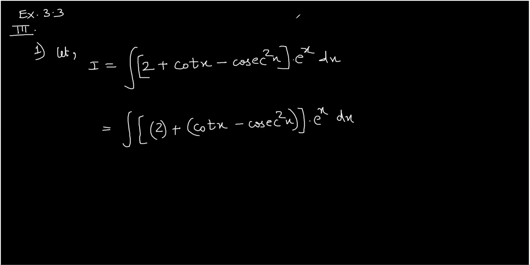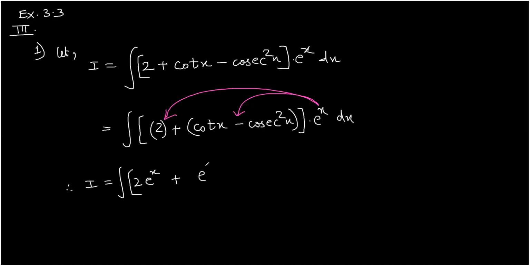I multiply e raised to x to 2, and I multiply e raised to x with cot x minus cosec square x. So here I get, therefore I equals the integral of 2 e raised to x, and here I have e raised to x, cot x minus cosec square x, bracket complete, and dx.